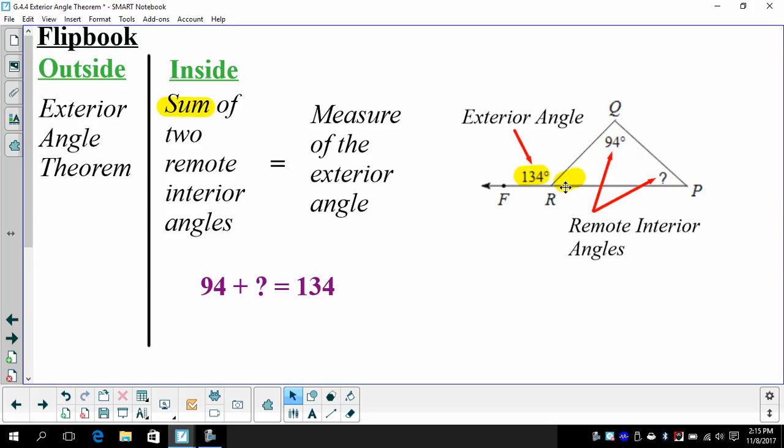So if this one missing angle that we don't know adds with 134 to be 180, and it also adds with 94 and the question mark to be 180, then that shows that these two things, 94 plus question mark, should be equal to 134. So the bottom line here is that if I add the two remote interior angles, they should add up to the exterior angle that they are remote from. So make sure this gets in your flip book.